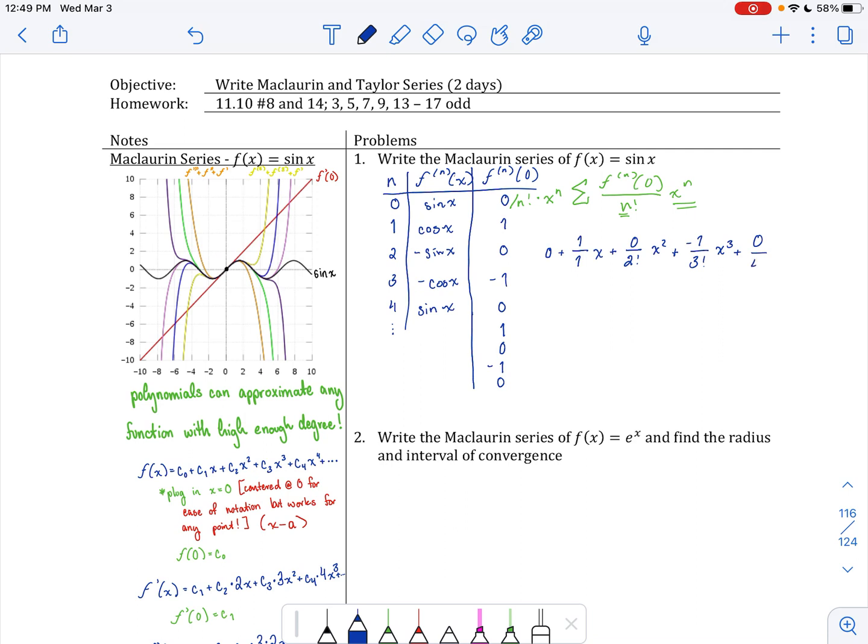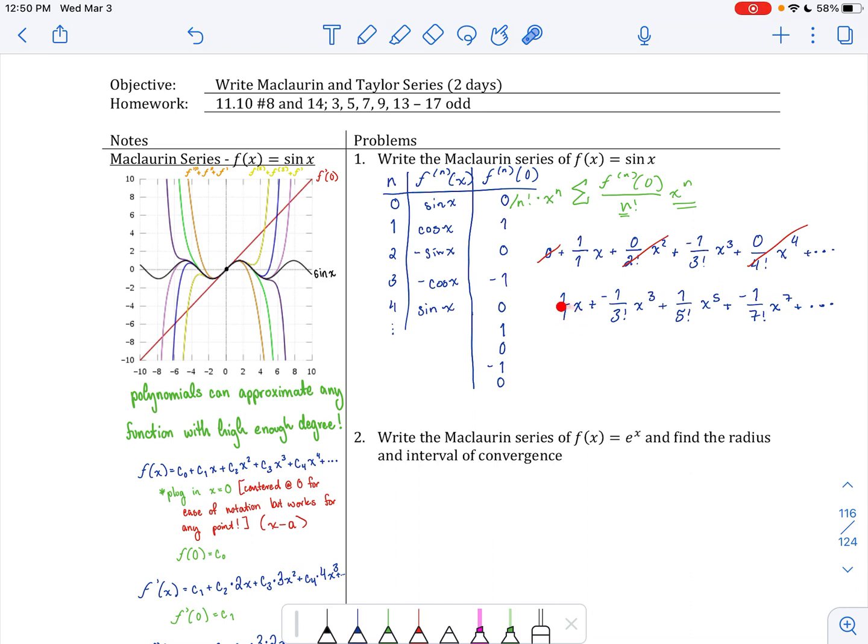Plus 0 over 4 factorial x to the 4th, and so on. Now for sine, you'll notice 0 over 2 factorial is 0, 0 over 4 factorial is 0. So what we end up with is 1 over 1 x, plus negative 1 over 3 factorial x to the 3rd, plus, if you can imagine going farther, 1 over 5 factorial x to the 5th, plus negative 1 over 7 factorial x to the 7th, because it's a pattern that's going to keep repeating.